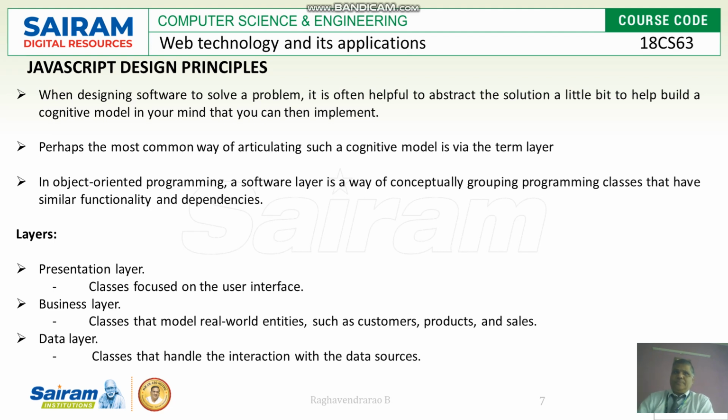It is most common to articulate such a cognitive model as a team, because the project is going to involve many people and everybody is going to work on it, but in the end you have to concatenate it. So finally it should be added into one module. That is the design principle that you should follow.